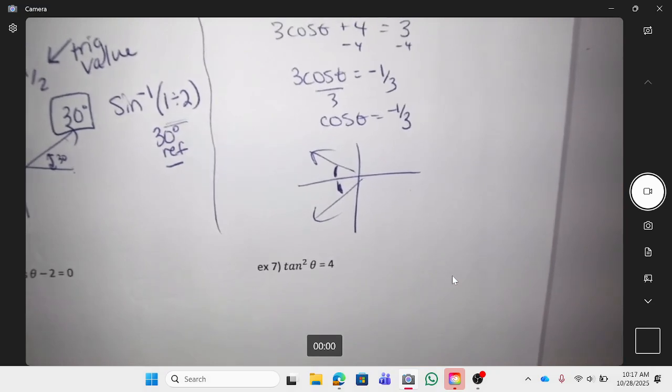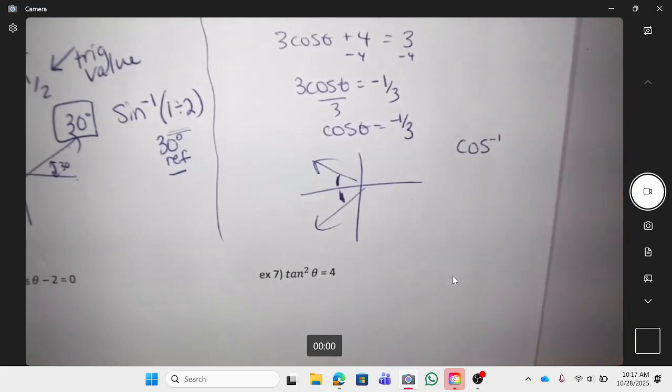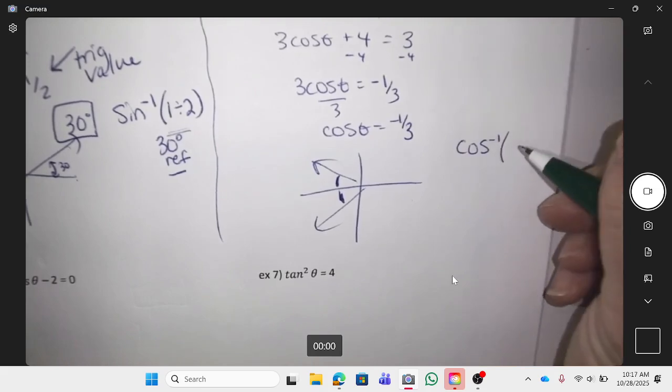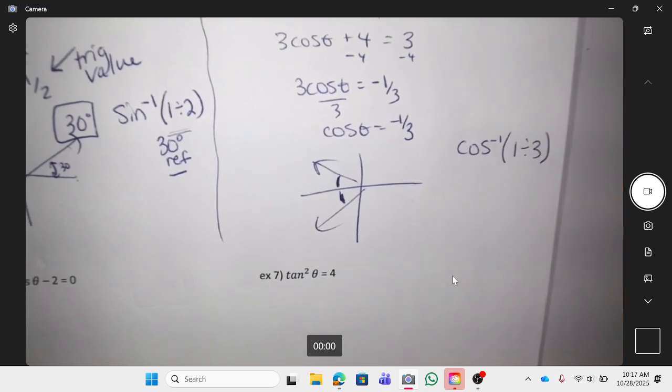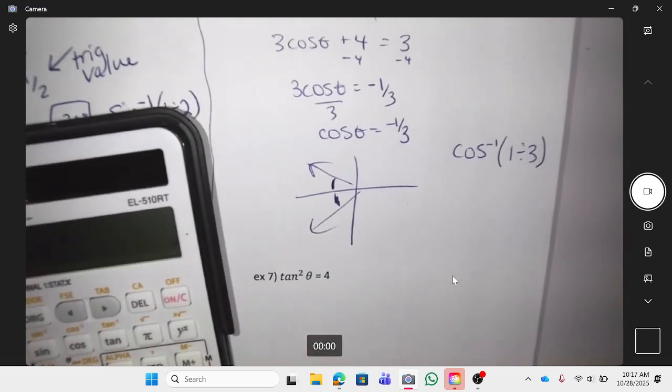And now we're prepared for calculator stuff, right? Cos inverse, what should you be typing here though? Bracket, no negative in there. We've already done the negative. Okay, we did the negative into the drawing. Go to 1 decimal here.